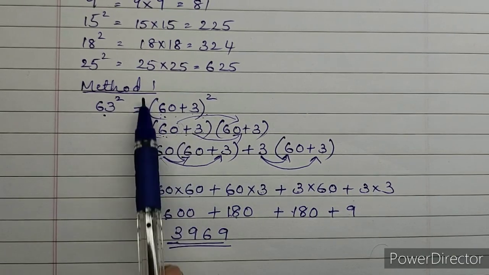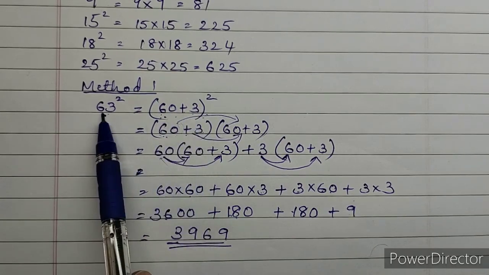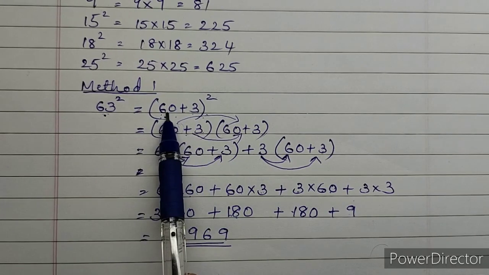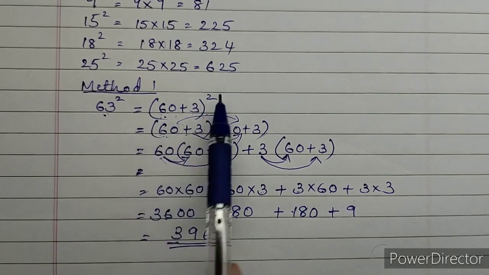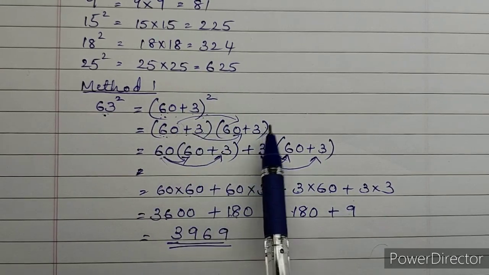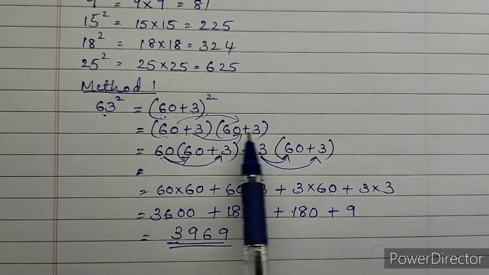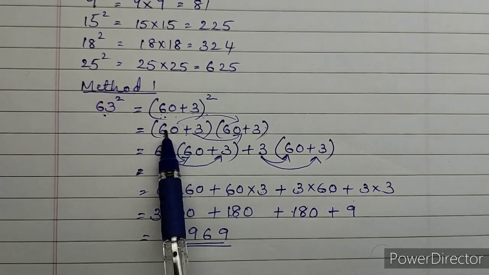So what are the steps? Split the number into 2 numbers. 63 you can split as 60 plus 3 and find the square. Square means 2 times you have to write and multiply. So this is 60 plus 3 into 60 plus 3. Now you have to split the terms. The first term you split as 60 and 3.